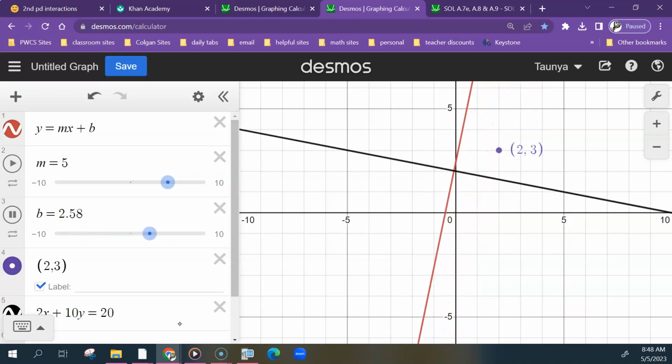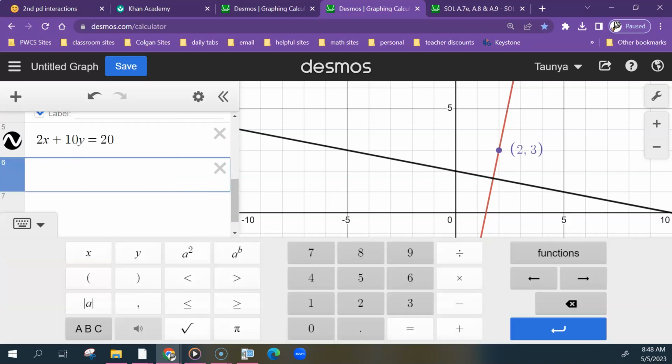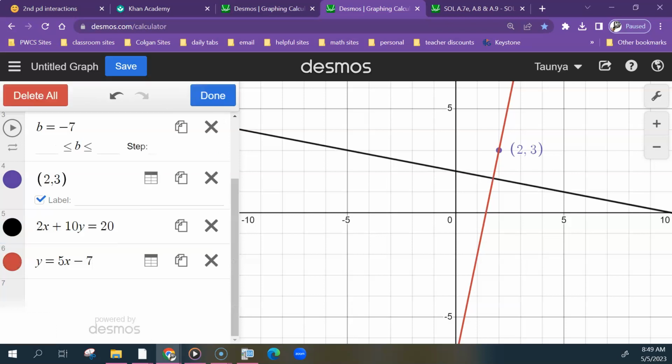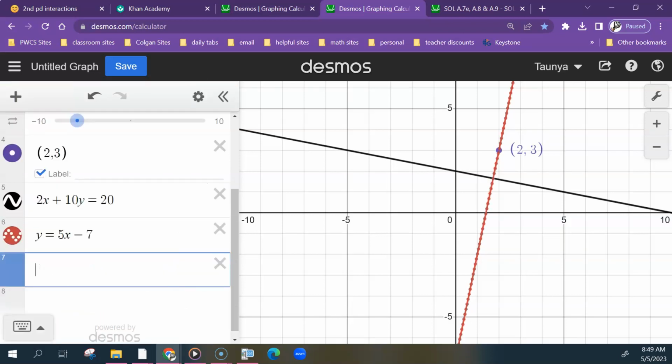And we're looking for, when our slope is 5, where does it go through that point? And at -7, I didn't write that equation. So that should have been the equation, y equals 5x minus 7.